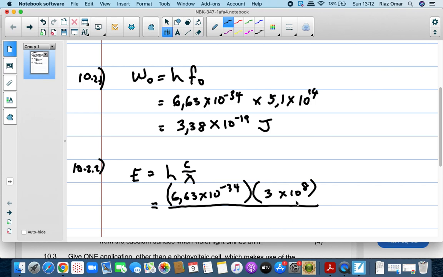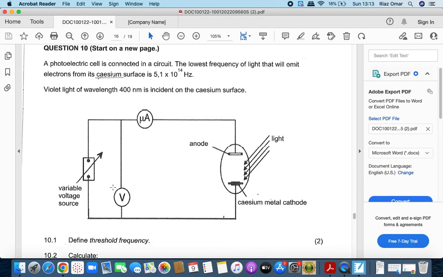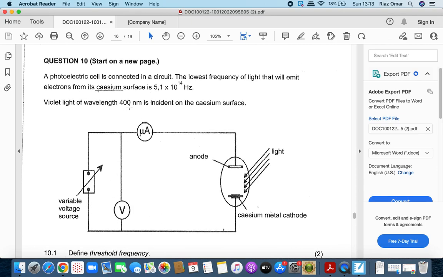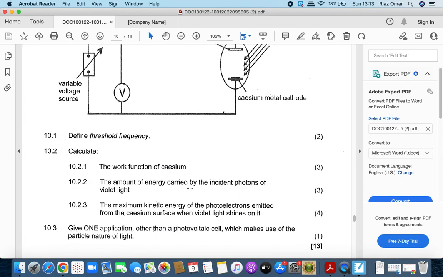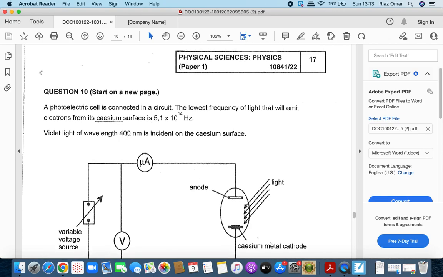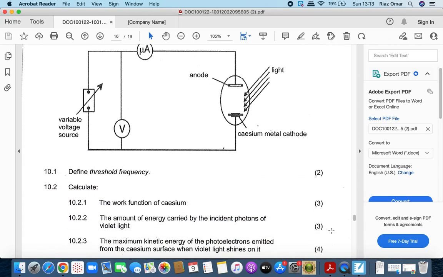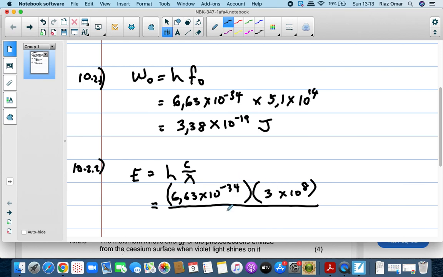And your lambda will be the wavelength of the violet light, which is 400 nanometers. We need the lambda of the violet light, so we put 400 here.